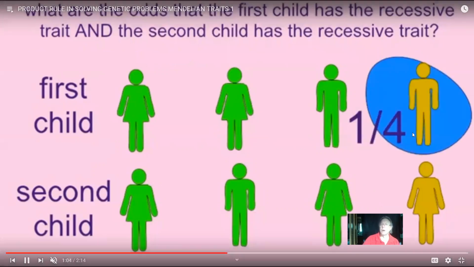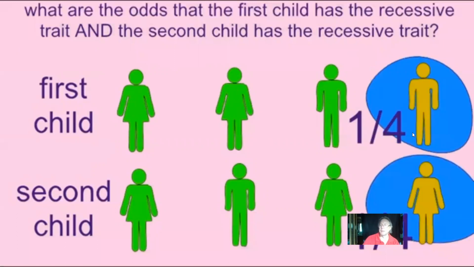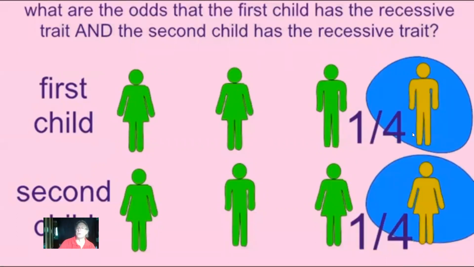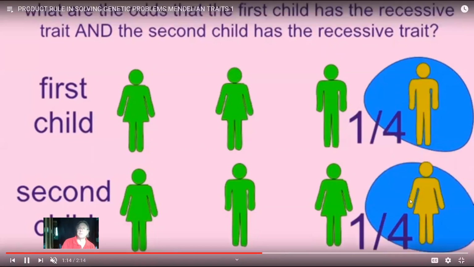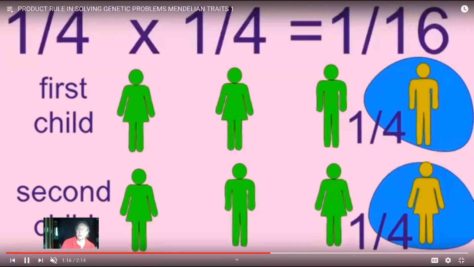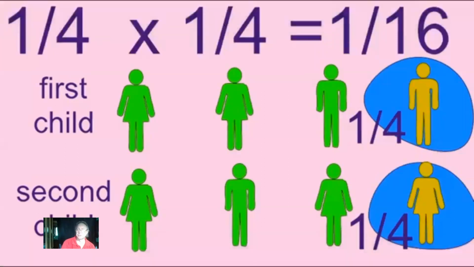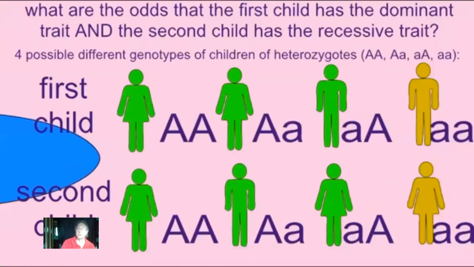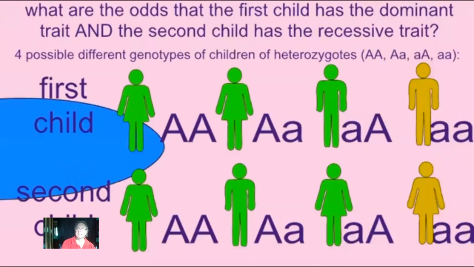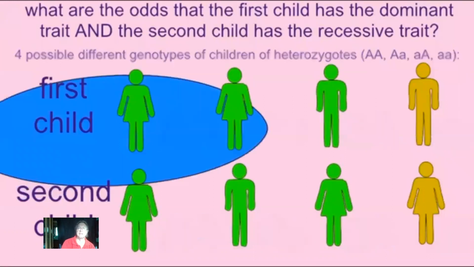This is the law of the product, so we would multiply them together. So 1/4 times 1/4 would give us 1/16. So if you survey children of carriers of a recessive trait and ask what percentage of the families have both of their children with the recessive traits, it would be 1/16 of the time.